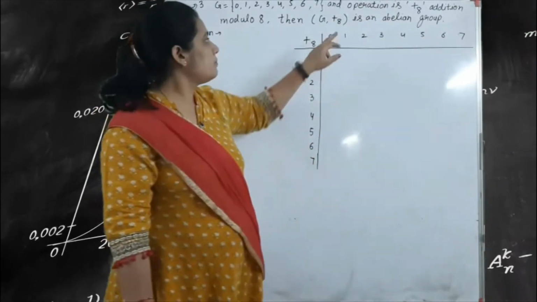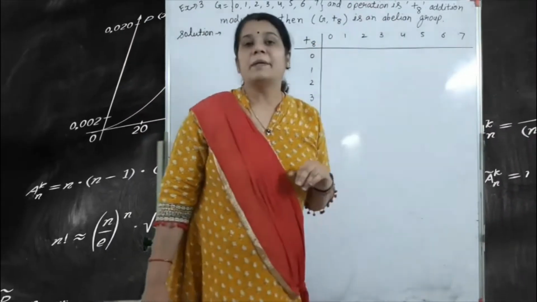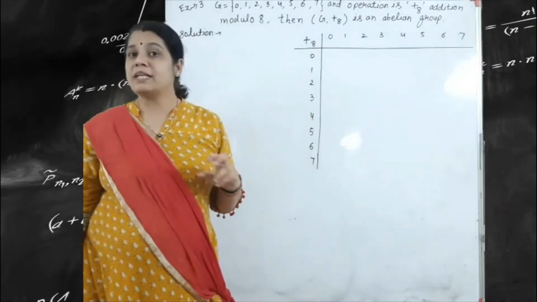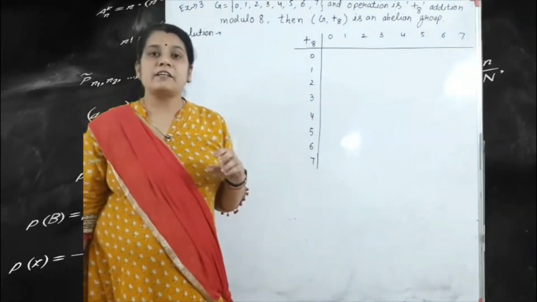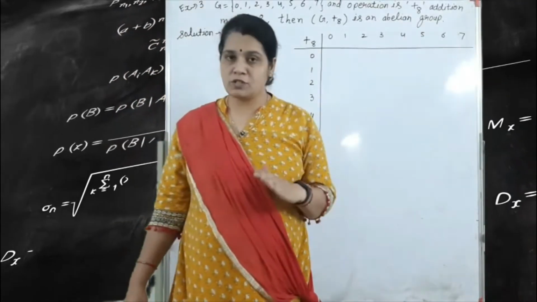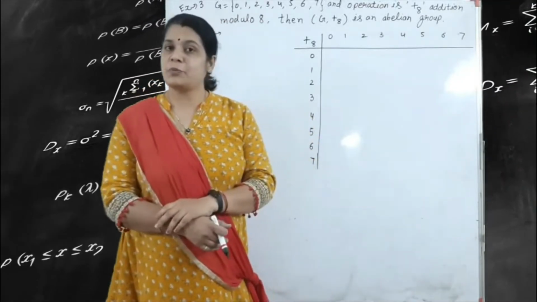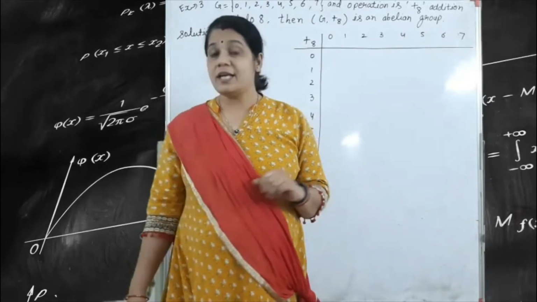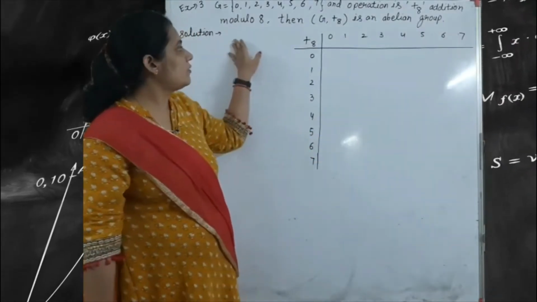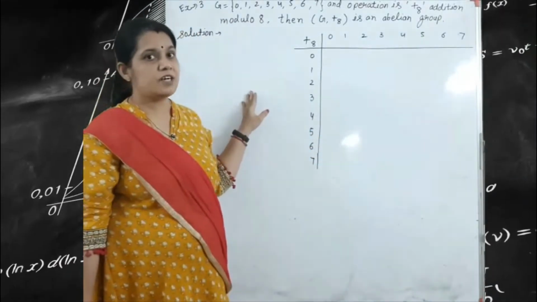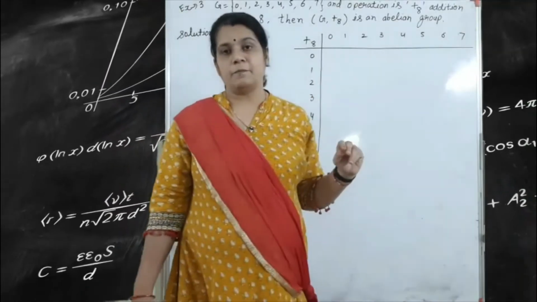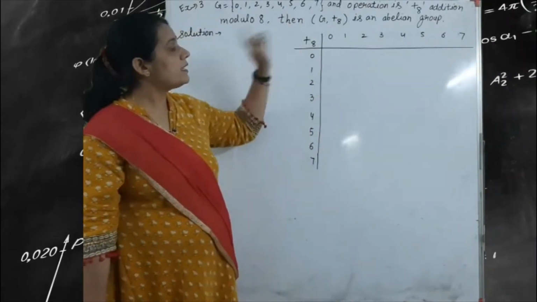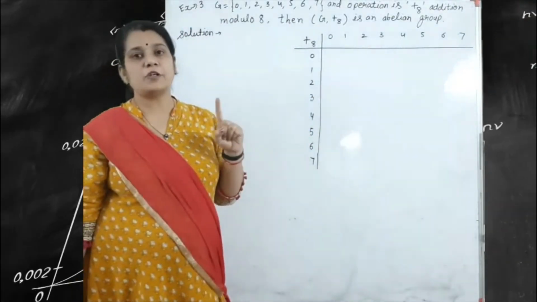So (G, +8) is an abelian group. An abelian group means we check five properties: closure property, associative property, identity, inverse, and the commutative property. Before solving these five properties, we first make the table, because we are given addition modulo 8.